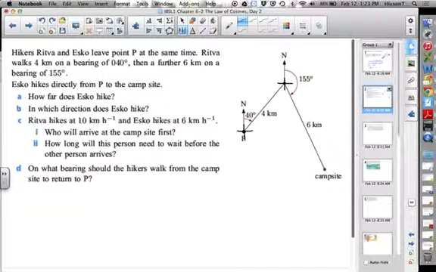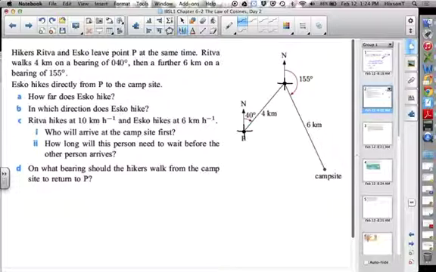Then he stopped at this point and went 6 kilometers on a bearing of 155 degrees. You don't need a protractor, but if you draw the angles somewhat accurately, that helps. 155 is a little short of 180, so it's at least making an obtuse angle.